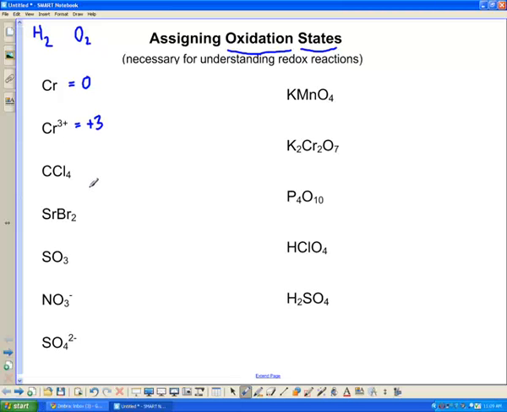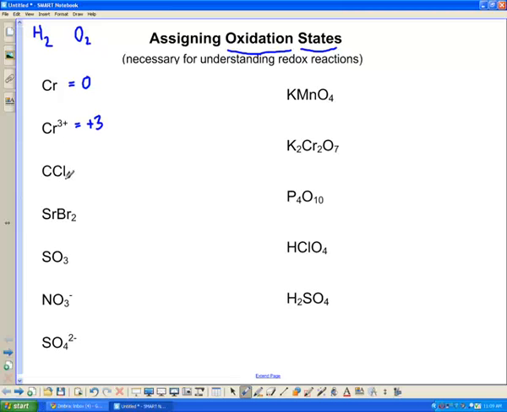When we look at, for example, CCl4, notice there are two different atoms that we need to figure out oxidation states of. Those are chlorine and carbon. The carbon is the one in the middle of the molecule because the 4 chlorines are around it. So we're going to figure out the chlorines first.